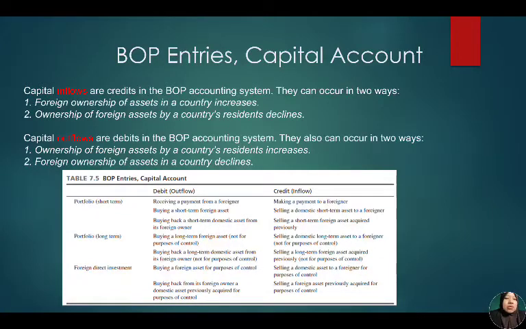Then a capital outflow is a debit. Inflow is credit and outflows are debits in the BOP system. It also occurs in two ways: ownership of foreign assets by a country's residents increases, or foreign ownership of assets in the country declines.